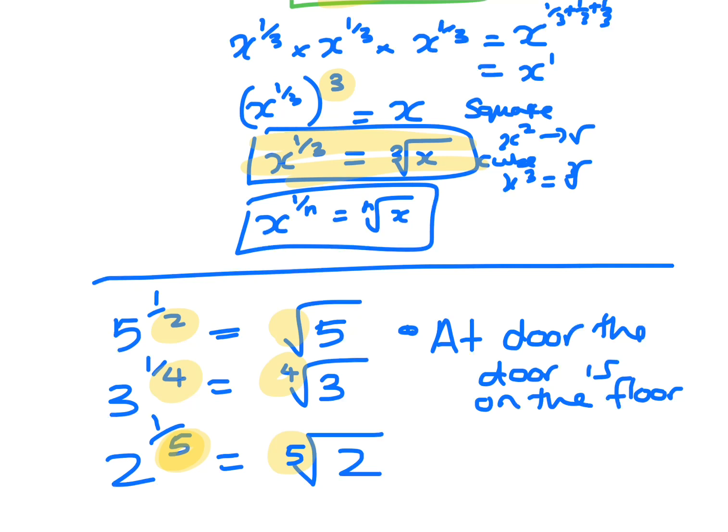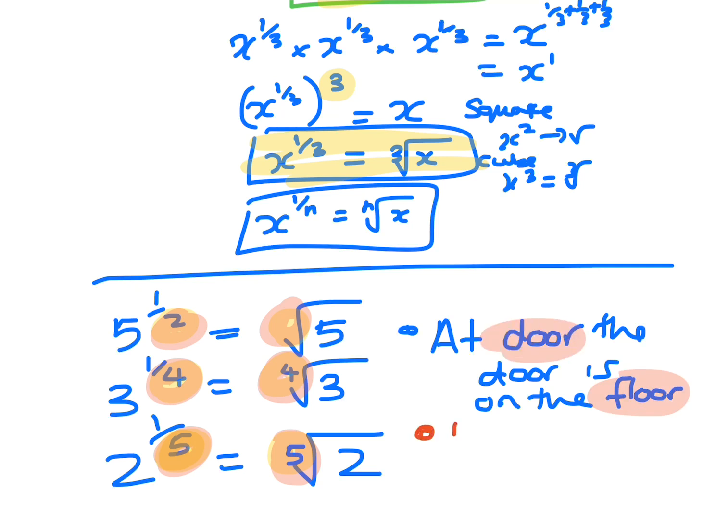Okay, so see how these numbers here are at the door? And even the 2 that's not there, they end up on the floor or on the bottom of the fraction. That's just a nice little way of remembering it.